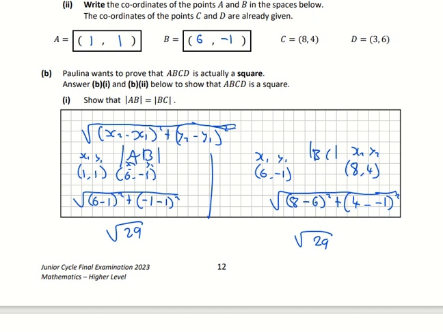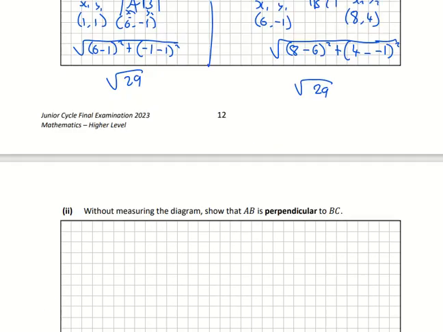You can put all that in the calculator together, or you can work it out. So 8 minus 6 is 2 and squared that is 4, and then 4 minus 1 gives you 5 and squared that is 25, so you get 25 plus 4, which is root 29, so you get root 29 in both of them.